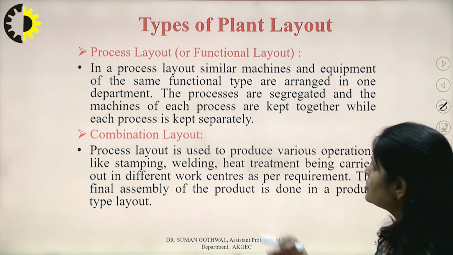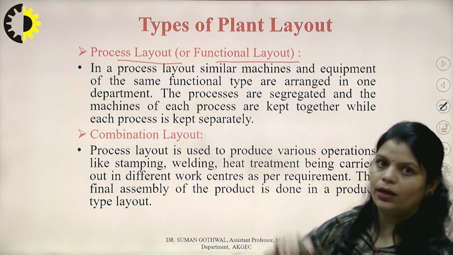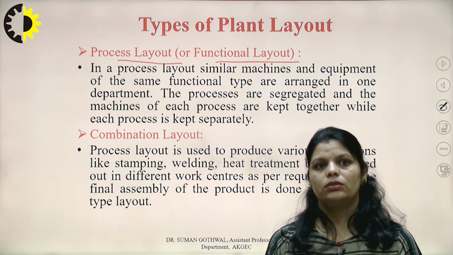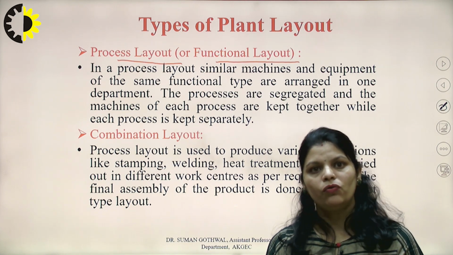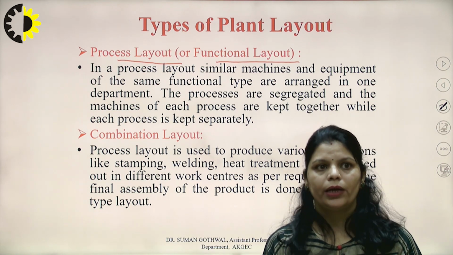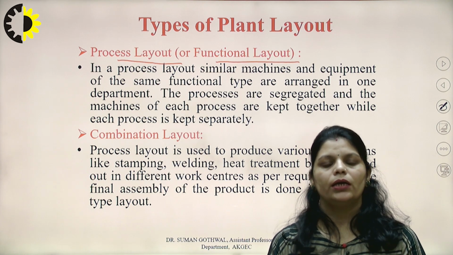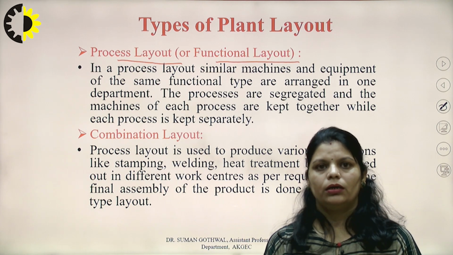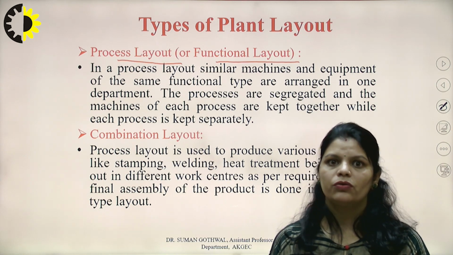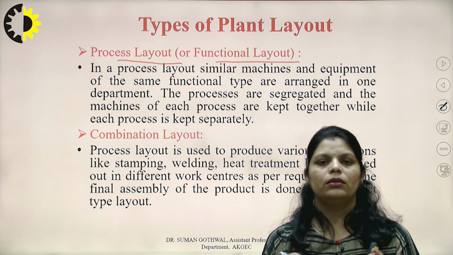Now we will discuss the process layout, or the functional layout. This type of layout is useful where low volume of production is needed and the products are not standardized, because it creates more process flexibility than the other layouts.